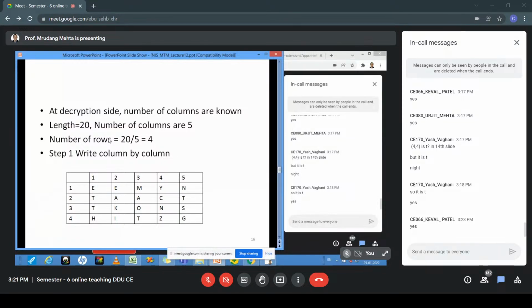So I, E, N. Is it clear? So IEN becomes our ciphertext.